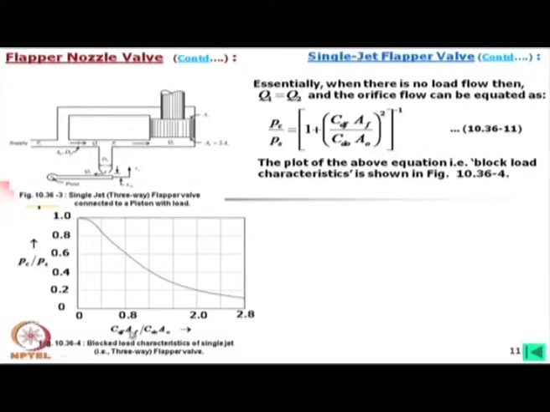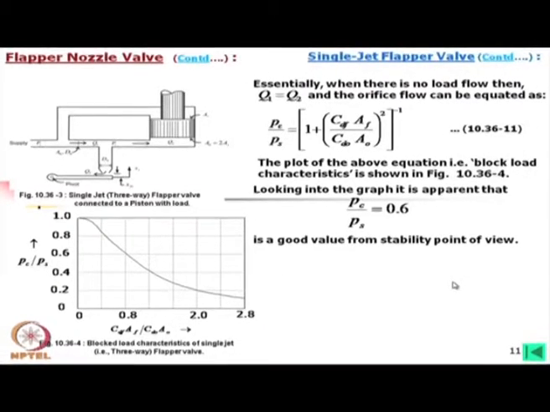Remember, to make this 0, we can consider A_f itself 0, but when this ratio has some value, then it depends on the coefficient of discharge, area, etc. However, for a particular valve, what we find at 2.8 of this ratio is that P_c by P_s is 0.1 only. That means control pressure is 10 times less than the system pressure.